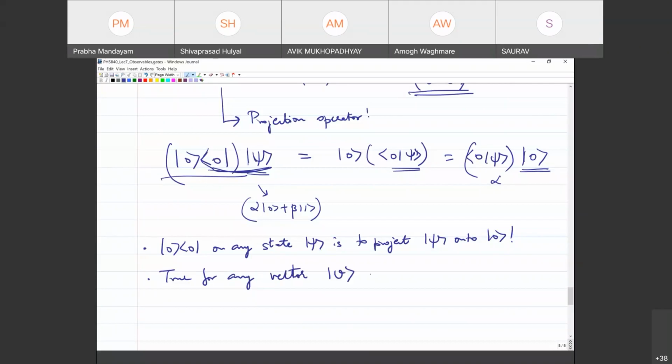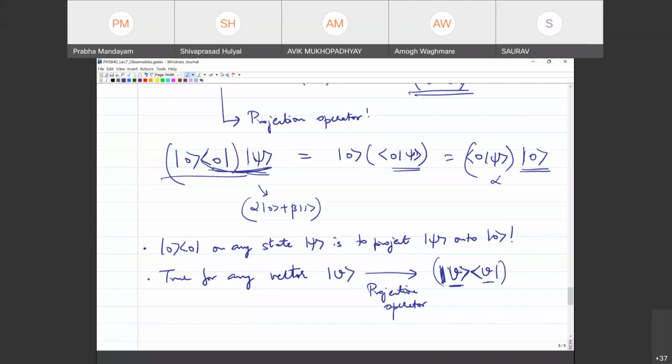So I can construct a corresponding projection operator of the form ket v bra v, because the action of this on any other vector is basically to take the inner product of v with that vector and leave you with something which is parallel to ket v, which is proportional to ket v. By that you mean that if you think of this as a direction in some abstract space, then you're along the vector v.